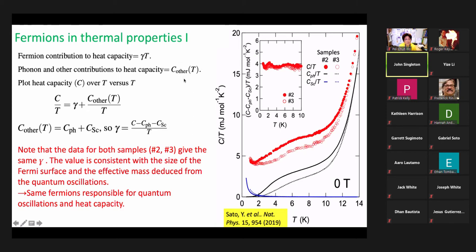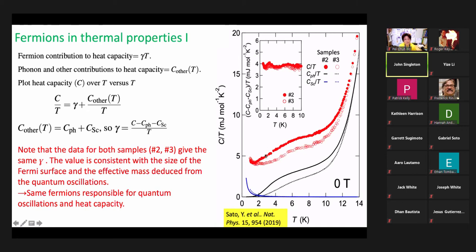So if we collect these together, you get an expression for the heat capacity divided by the temperature, which is a constant plus all of these other contributions. In this particular case, the contributions are quite simple. There's a phonon contribution due to Debye-Einstein phonons, and then there's a Schottky anomaly contribution as well. So gamma should be given by just looking at this.